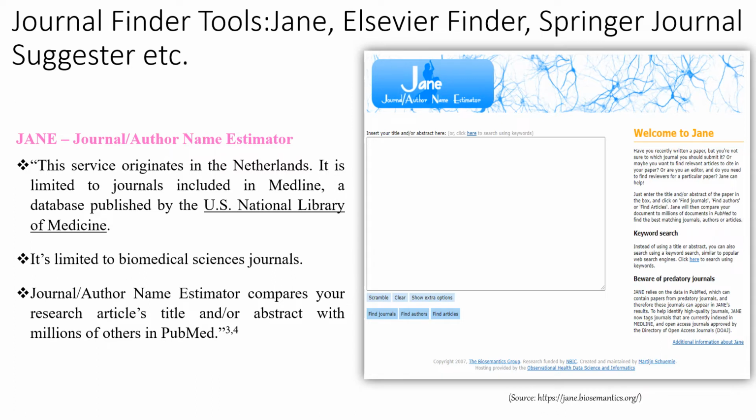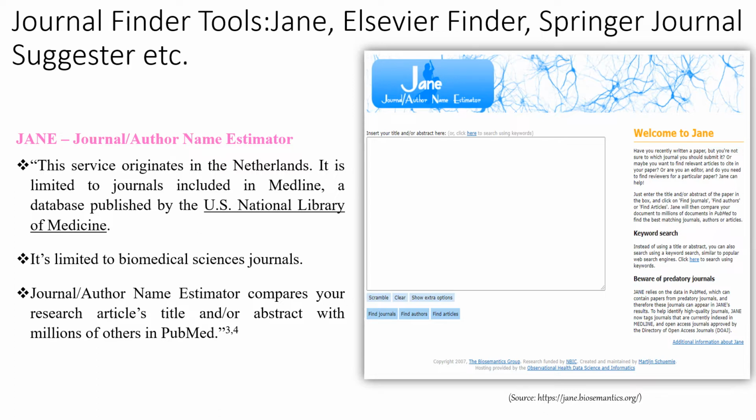These are also known as journal finder tools, which include Jane, Elsevier Journal Finder, Springer Journals, JSTOR, etc. The first one I am taking up is Jane, the Journal Author Name Estimator. This service originated in the Netherlands.